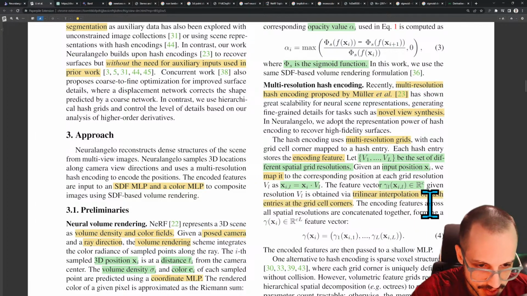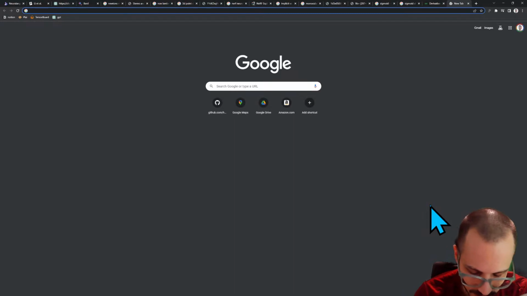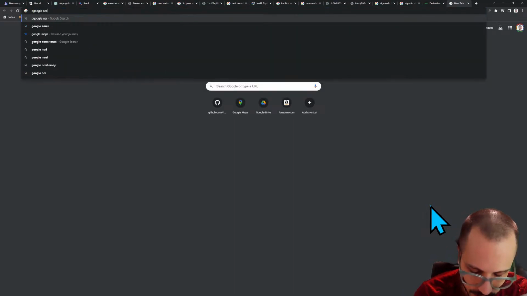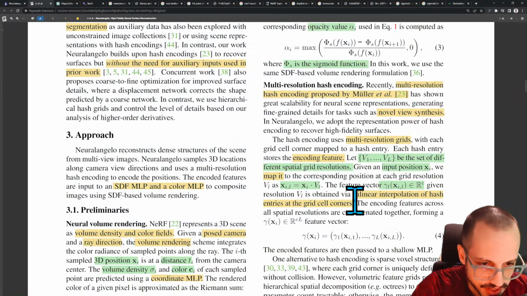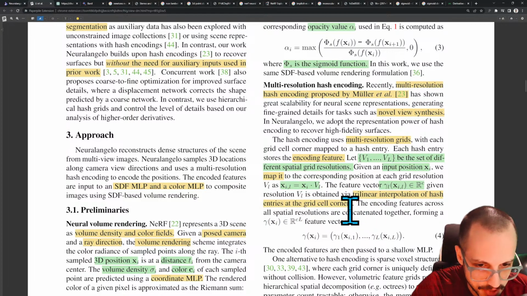Okay, so this is something that I remember seeing in Google NeRF, whatever, I'm never going to find this paper, but basically this idea that you can interpolate between the feature vectors that are basically encoded within a spatial grid, and you can get something meaningful, right? I've seen this idea before, and it is quite interesting.